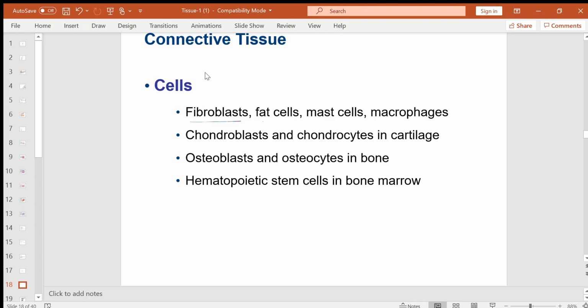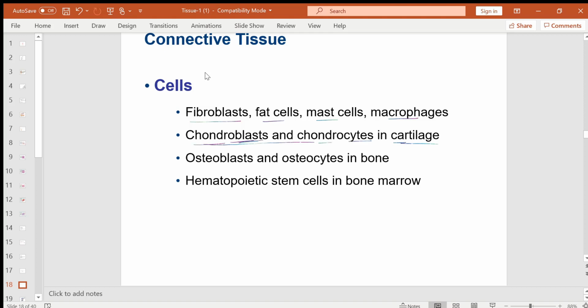Another type is mast cells, which release heparin, then macrophages, phagocytic cells, and cells of the cartilages. Since cartilage is a connective tissue, chondro means cartilage. Blasts are young cells, young cartilaginous cells, and cytes are mature cells, so chondrocytes.